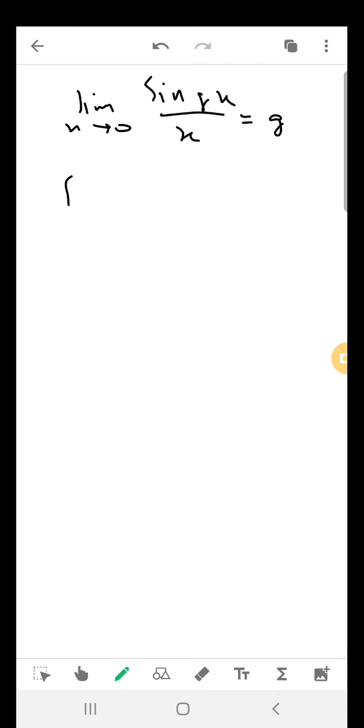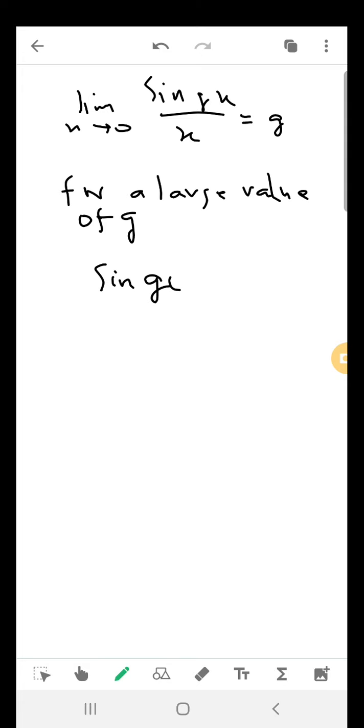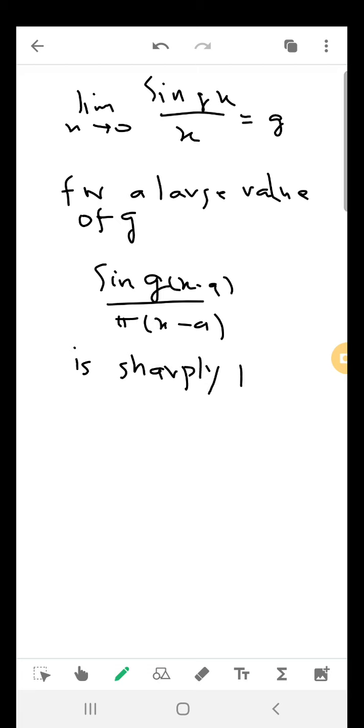So we can imply that for a large value of g, sine g x minus a divided by pi x minus a is sharply peaked around x is equal to a, and has a unit area under the curve, and again the area under the curve is unity.